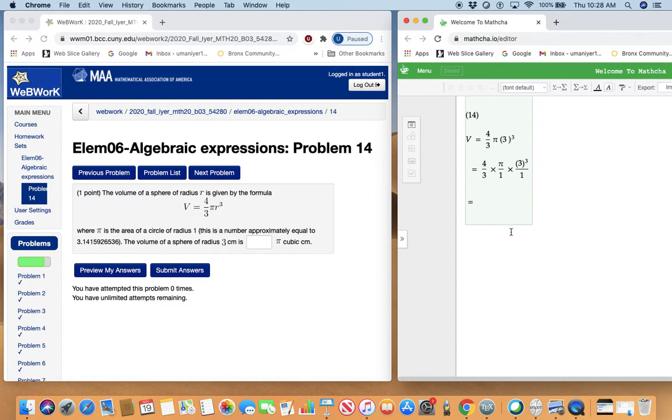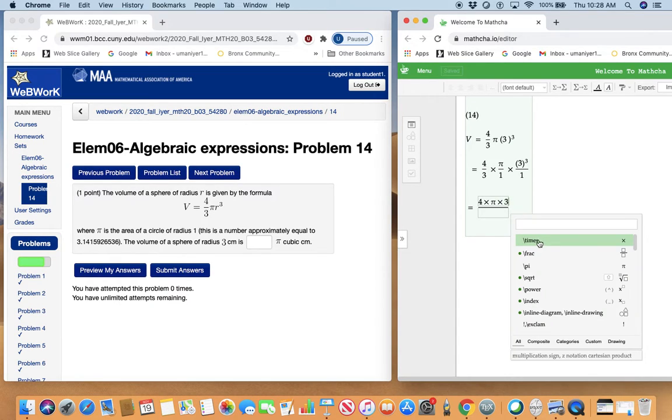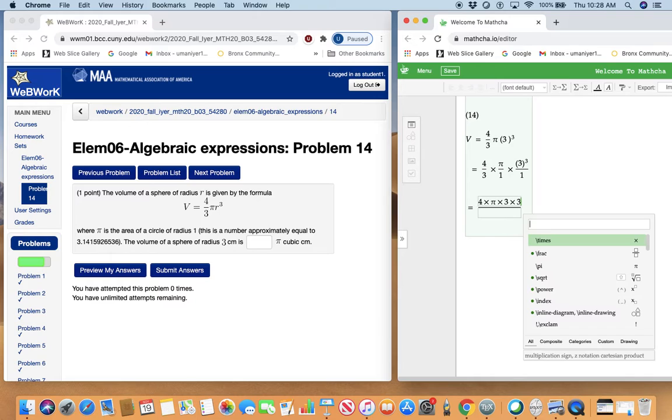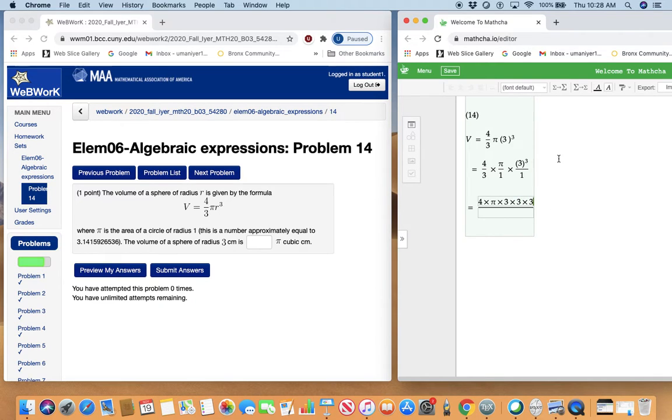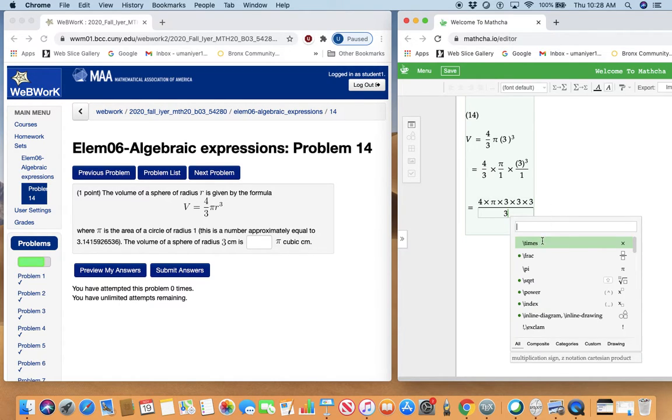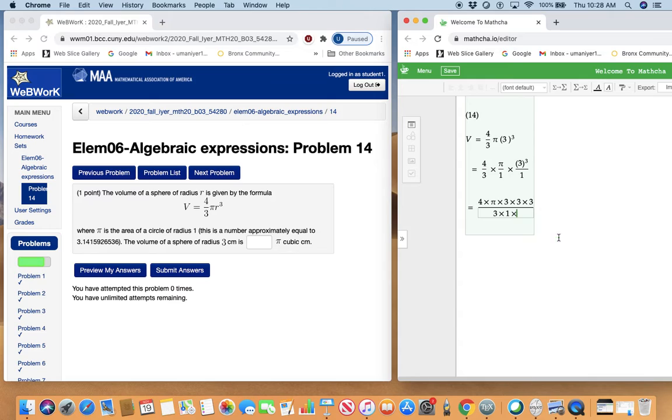So let me write everything in one fraction. 4 times pi times 3 times 3 times 3. That's 3 power 3. 3 written 3 times. Denominator has a 3 times 1 times 1.